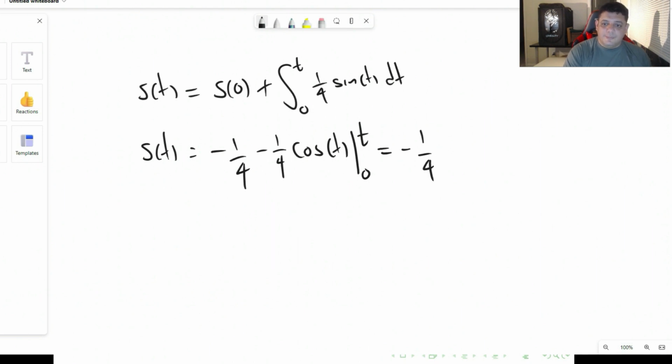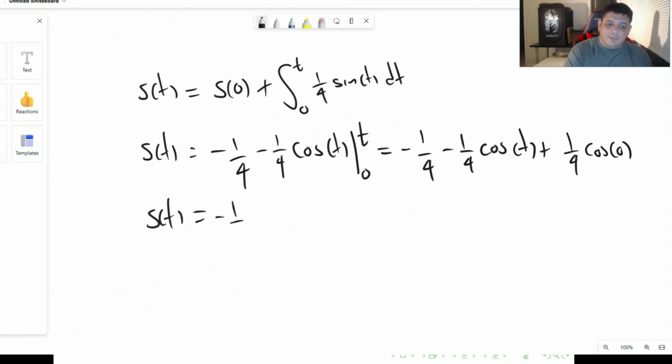Therefore, notice that cosine of 0 is 1, so we're going to get 1/4. That 1/4 is going to cancel with this, and we're going to obtain that our function s of t is minus 1/4 cosine of t. So now this is going to be my position function.